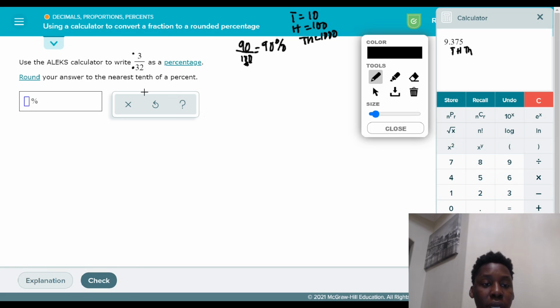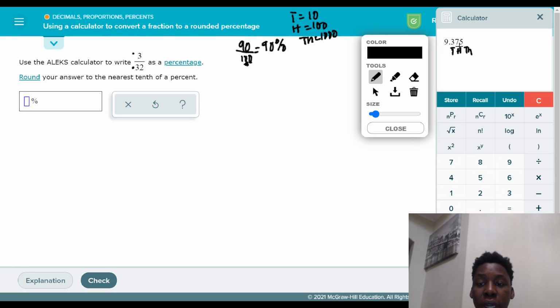We're asked to round the answer to the nearest tenth of a percent, so we have to round this 3 based on the 7 and 5. We ask ourselves what number is behind the tenth. The number behind the tenth in this case is 7. Is 7 bigger than 5 or smaller than 5? Our objective is to remove these two numbers behind the 3.